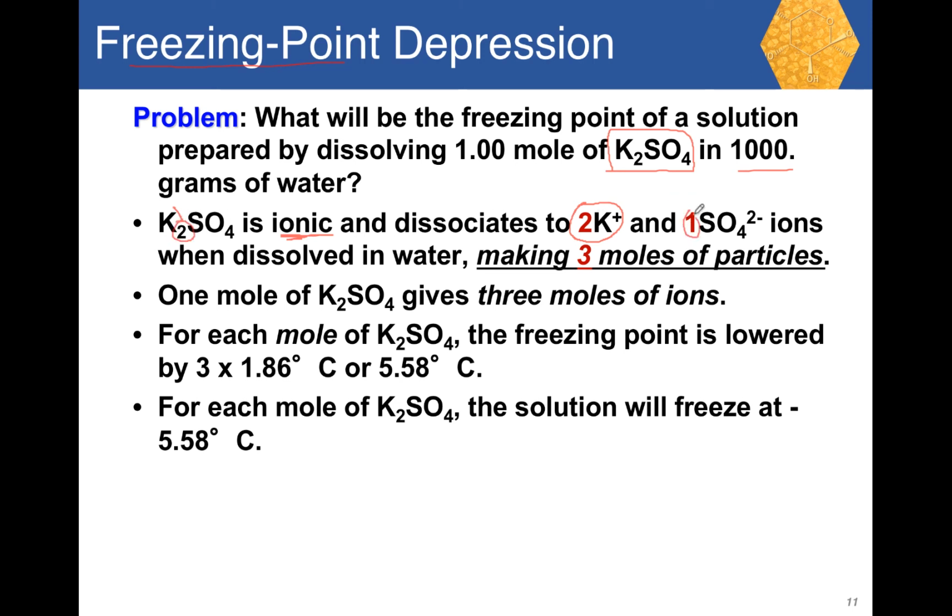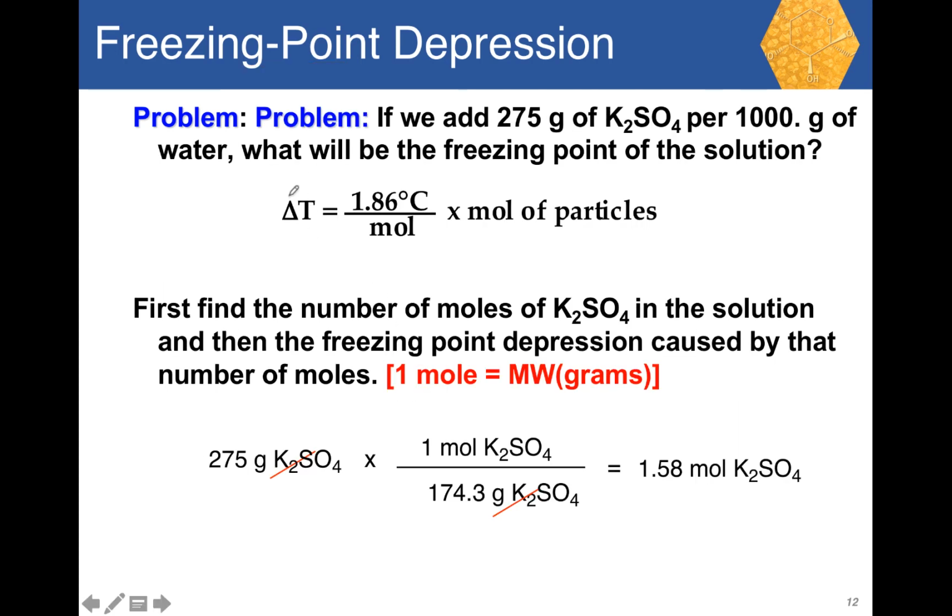And we have 1 mole of this sulfate polyatomic anion. So this is all 1 polyatomic anion. So here we have 3 moles of particles. 3 moles. Okay, so that's key. So let us see if we can solve this problem.